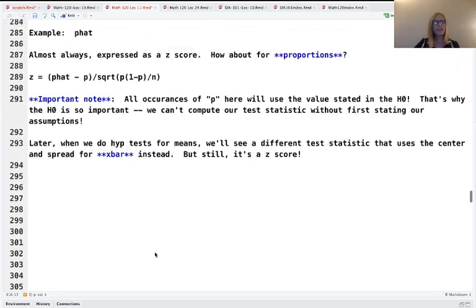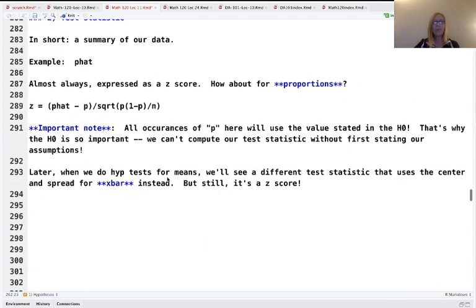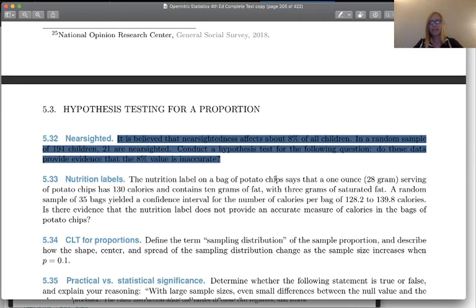Maybe just as a quick example, in this made-up hypothesis that we looked at earlier, we had less than. So this is going to be a left tail test. We're looking at the area on the left side. And that really matters because, let me bring up your z-table.